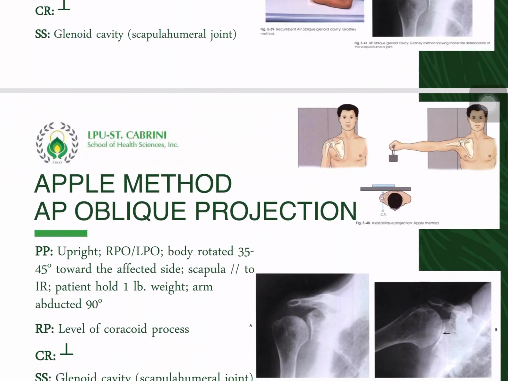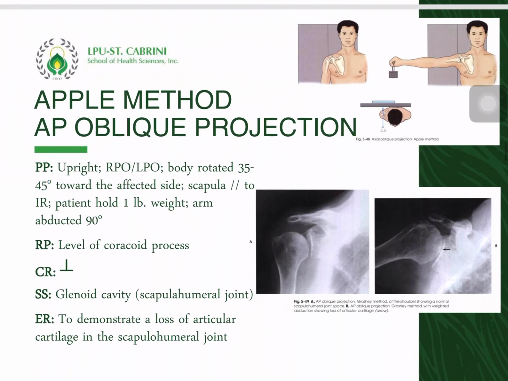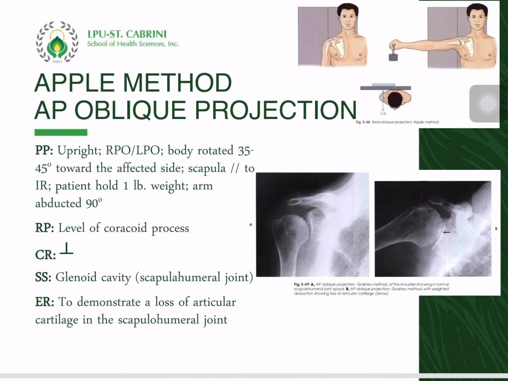Another method to visualize a glenoid cavity, specifically used to demonstrate loss of articular cartilage in the scapulohumeral joint, is the Apple method, AP oblique projection. The patient is in upright position with the body rotated 35 to 45 degrees towards the affected side to place the scapula parallel with the image receptor.